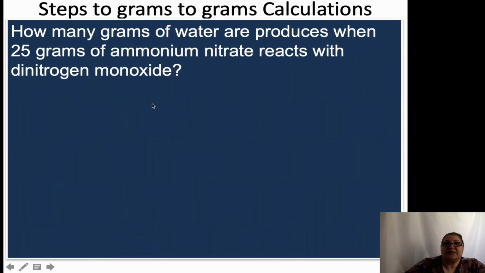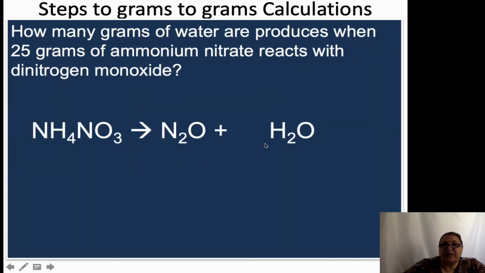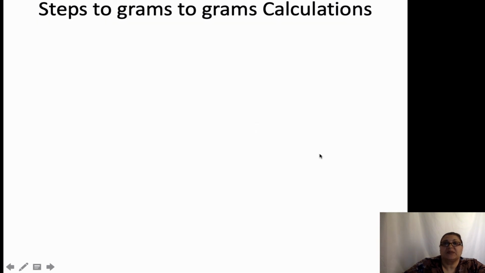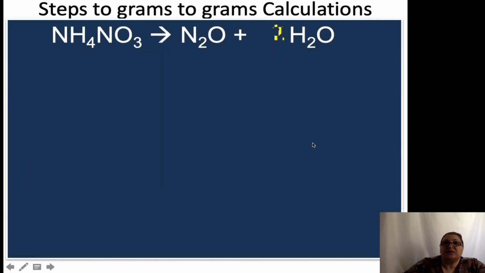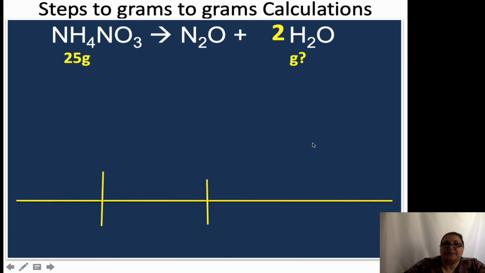Now the next step is we write down the reaction, the balanced one. And usually I like to put 25 grams under the given, so it's 25 grams of ammonium nitrate, so we put 25 right under it, and they're asking for grams of water. Okay, so the first step, I'm going to show you 2 methods.